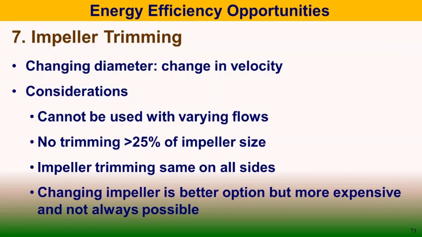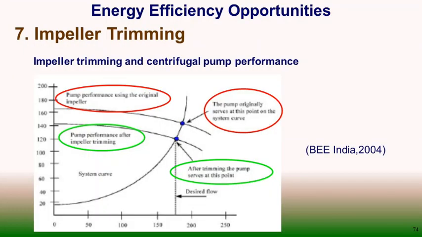This option should be considered where a varying flow pattern exists. The impeller should not be trimmed more than 25% of the original impeller size, otherwise this will lead to vibration and there may be a chance of cavitation. So it has to be done very precisely.